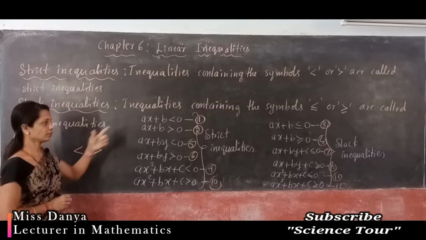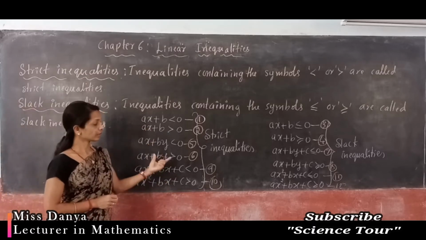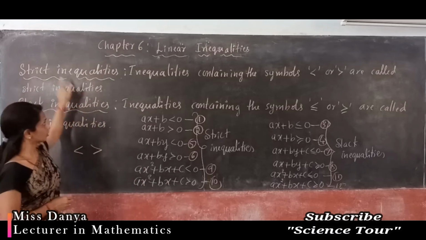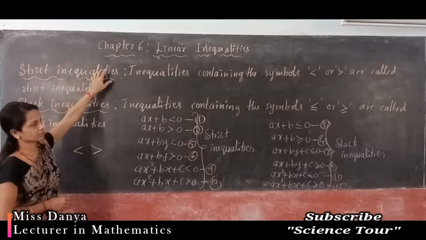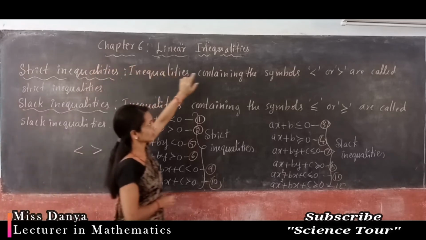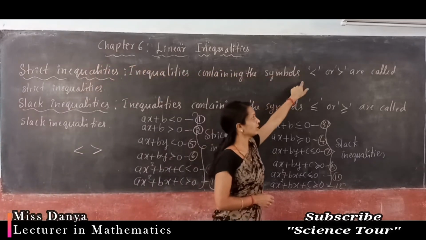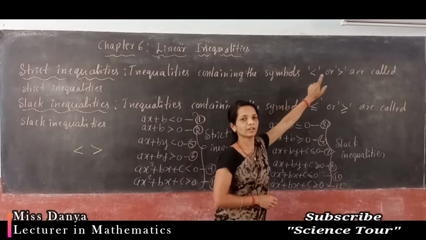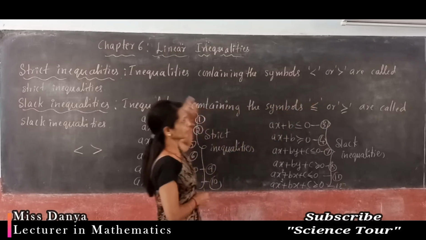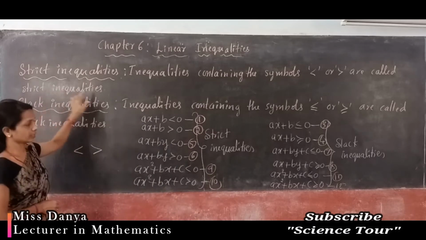If they are used in the inequalities, then those inequalities are called strict inequalities. So strict inequalities are inequalities containing the symbols less than or greater than.